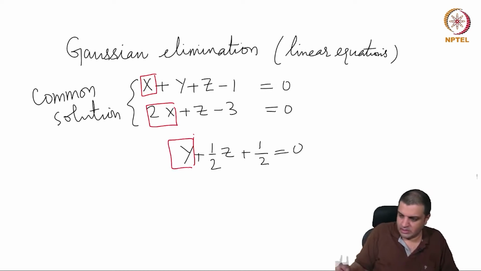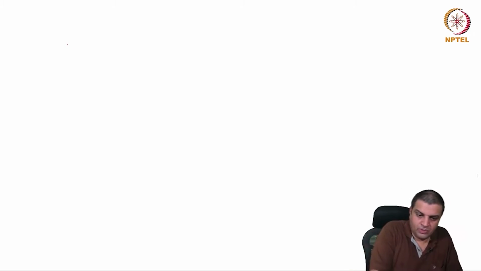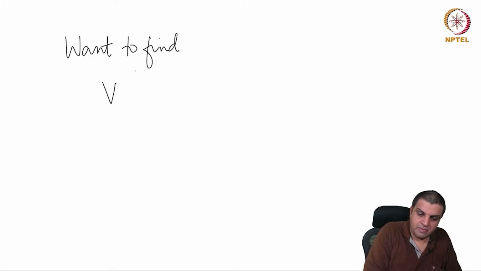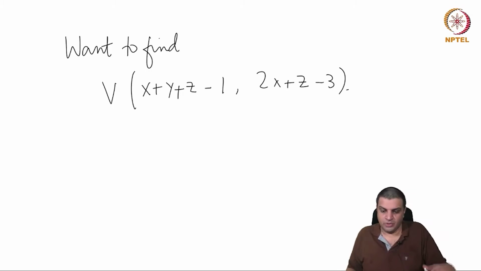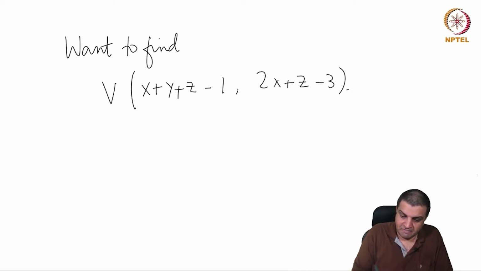In other words, ideal theoretically, what are we saying? We want to find V of x plus y plus z minus 1 and 2x plus z minus 3. When we do this, we can find polynomials, or in this case linear polynomials, which do not involve x.